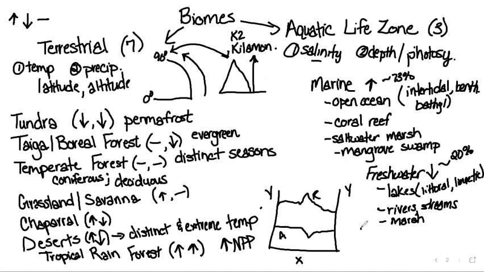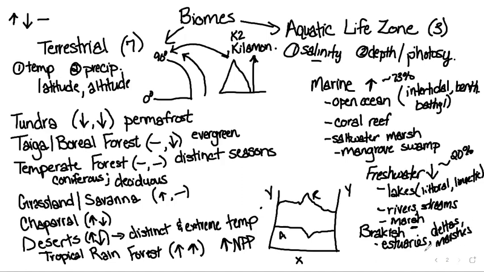The last one are our brackish biomes. Brackish biomes, and I know I misspelled brackish, are your estuaries, those places where freshwater and saltwater meet. Brackish salinity is somewhere in between. So these are your estuaries, your deltas, some of your marshes.